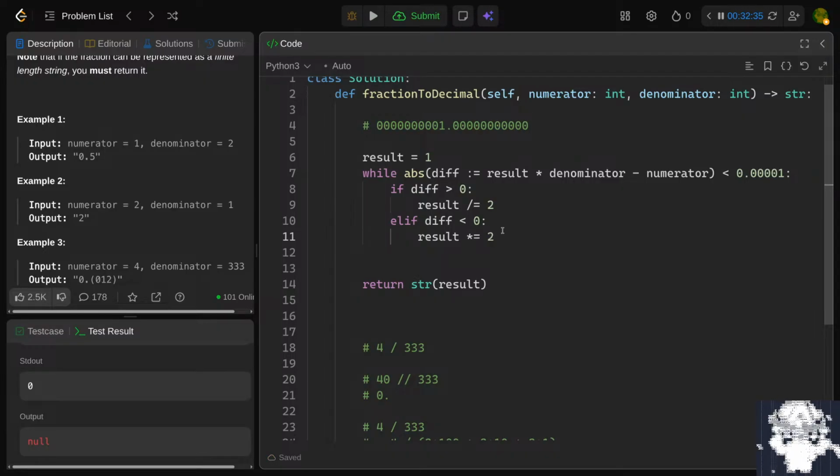But that has a problem because now we're going to be stuck bouncing back and forth. The thing is, I want to successively have smaller changes.